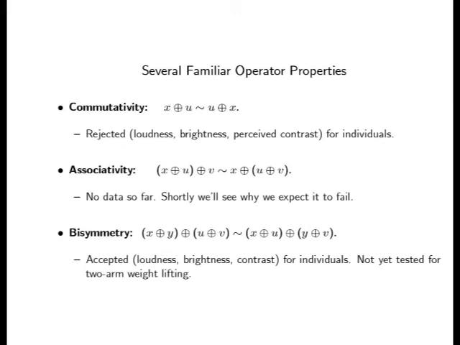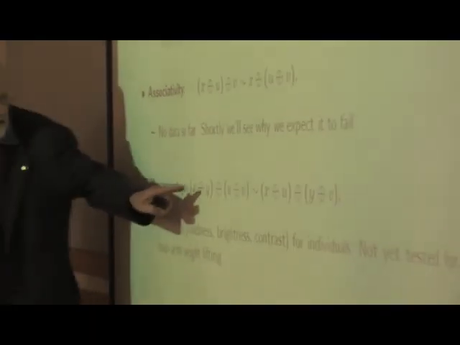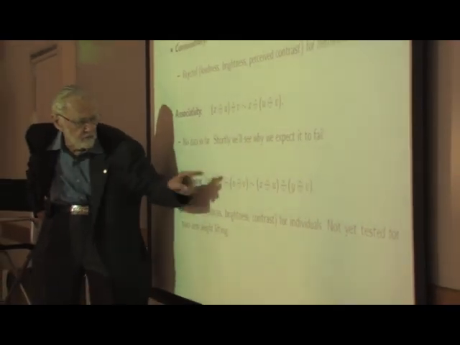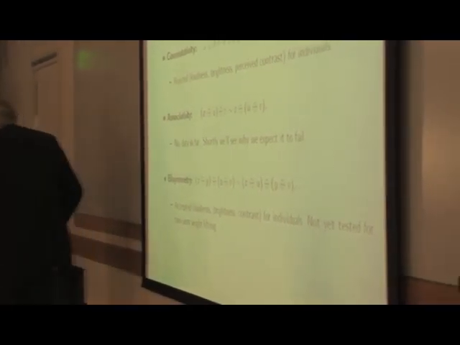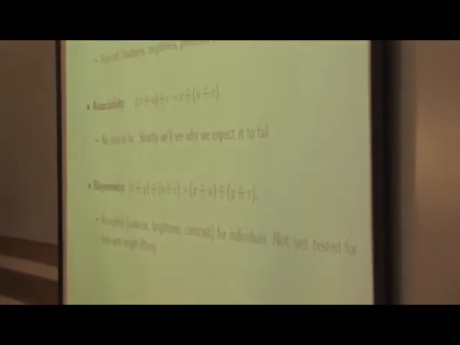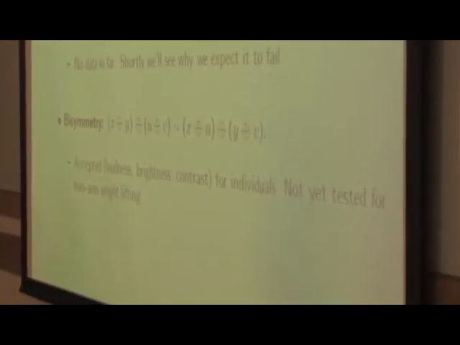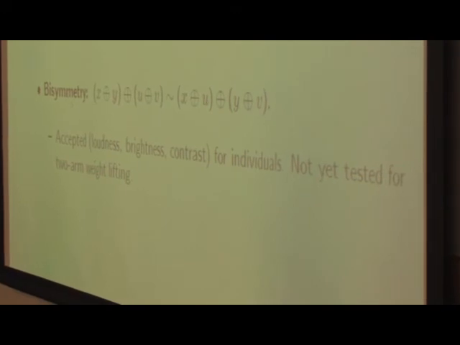And the last property is bisymmetry, which is this one here, and essentially says you can interchange the inner ones and it doesn't affect the perception. And we've sustained that in all the things we've looked at.